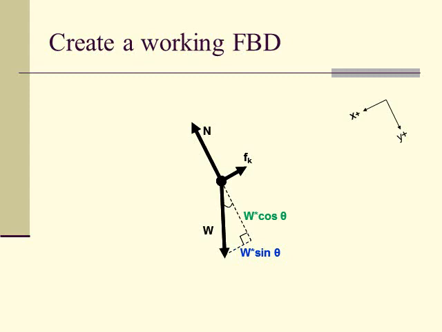Now we've been doing this for a while now, so hopefully you know where this comes from, but we're just going to jump through it quickly. If this is your angle theta, and this is the adjacent side, I can do trig and find out that the length of this side will equal the hypotenuse, which is the weight, times cosine of the angle here, and that will be equal to this length. Similarly, this side is weight times the sine of the angle.